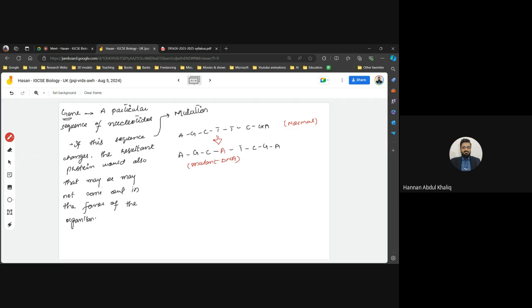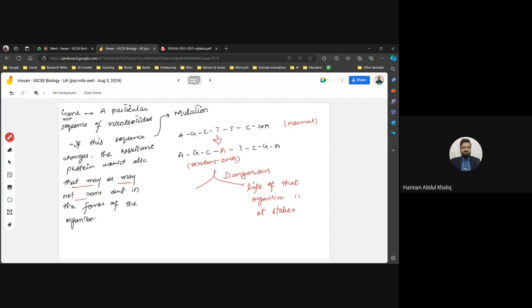Remember that this mutant DNA may or may not come out in favor. This mutation may be useful or may be dangerous. If it is dangerous, then the life of that organism is at stake.